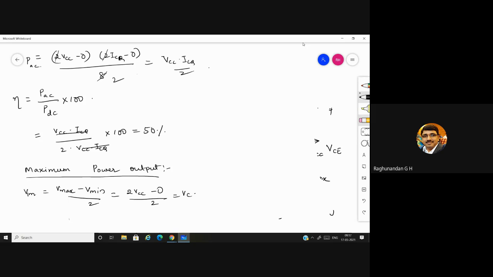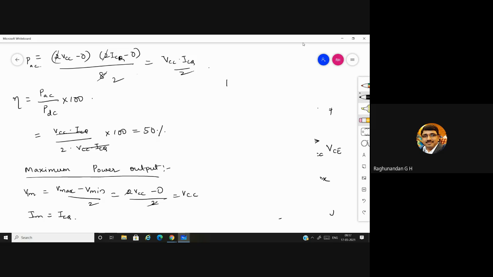That becomes VCC, because the 2s get cancelled. In the same way, IM is equal to ICQ. For Imax minus Imin by 2, it becomes 2 ICQ minus 0 by 2. Everything gets cancelled and you get IM is equal to ICQ.